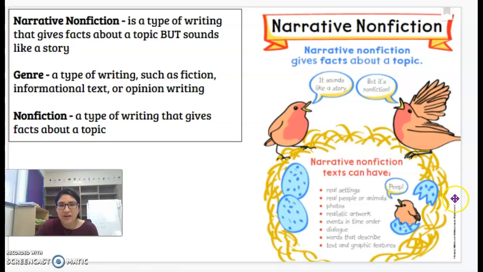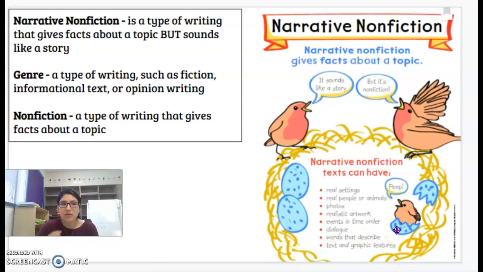So remember, narrative nonfictions can have real settings, real people or animals, photos, or realistic artwork, like in I Am Amelia Earhart. Those were drawings. Events in time order. So in that story, it starts off when she's a little girl all the way to when she gets older. Dialogue.